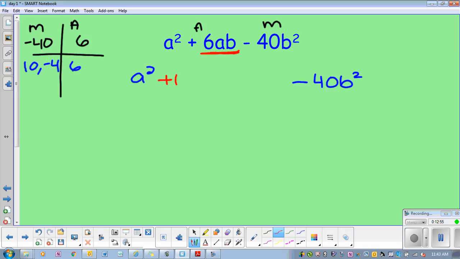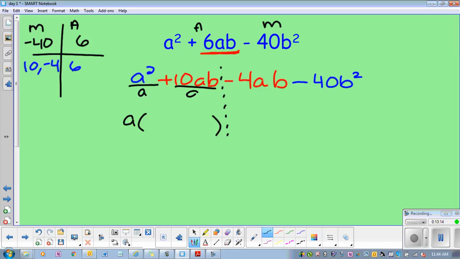Plus 10AB minus 4AB. Yes? All right, we have 4 terms, so we need to divide it right down the middle. Find the GCF of both sides. Left side is A. On the right side is negative 4B.